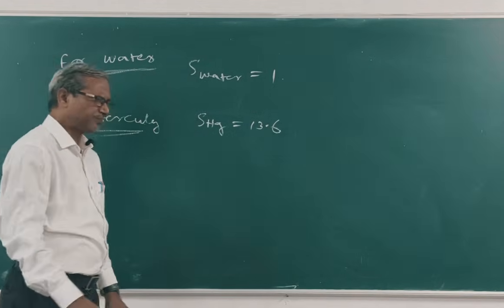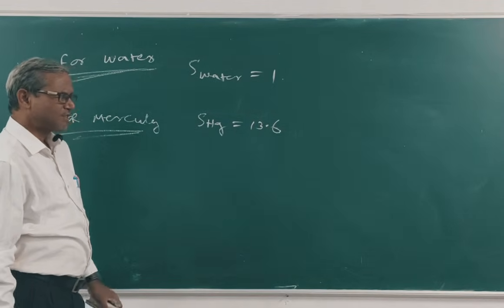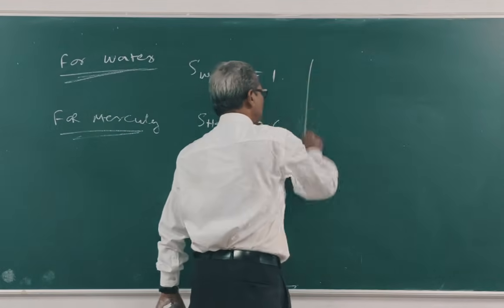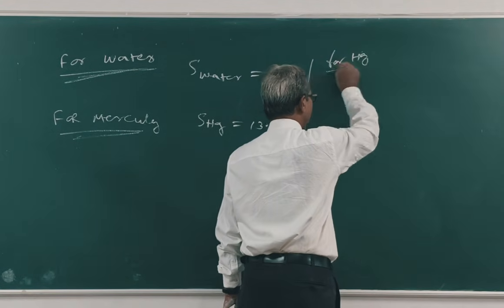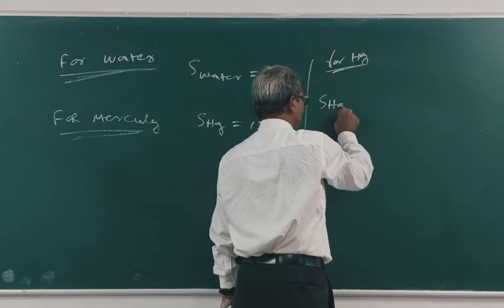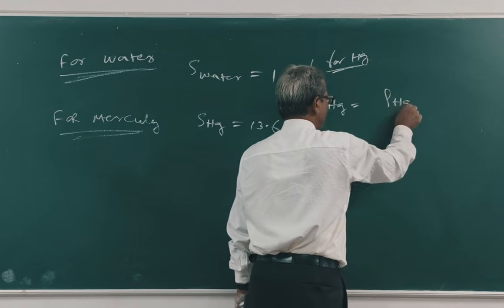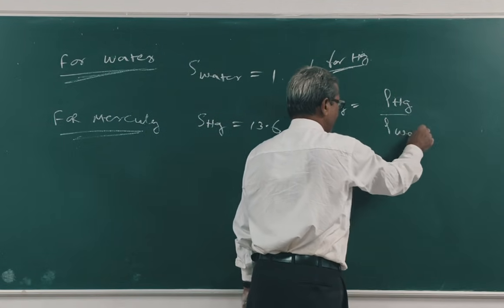Clear? So suppose for mercury, S Hg is equal to rho Hg by rho water.